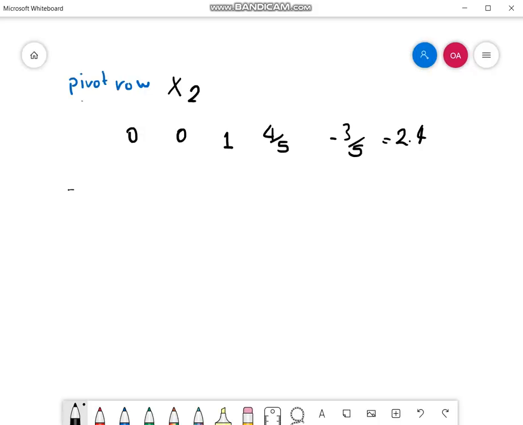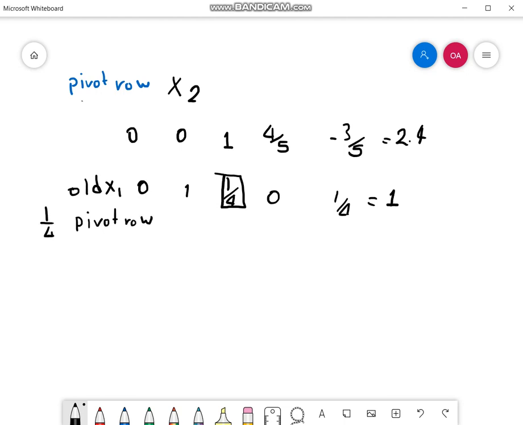So here we will put the old x1. We put the original coefficients 0, 1, 1/4, 0, 1/4, which is equal to 1. So this is my point of interest. I want to nullify it, and I put over here the pivot row. So I would like to multiply it by 1/4.